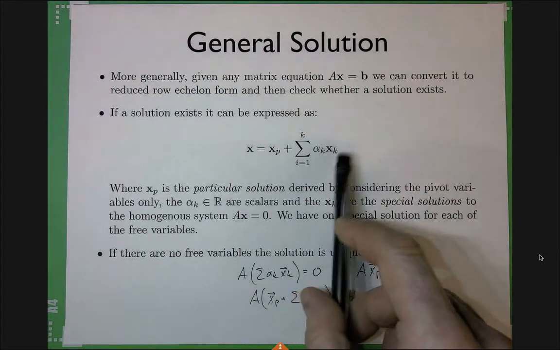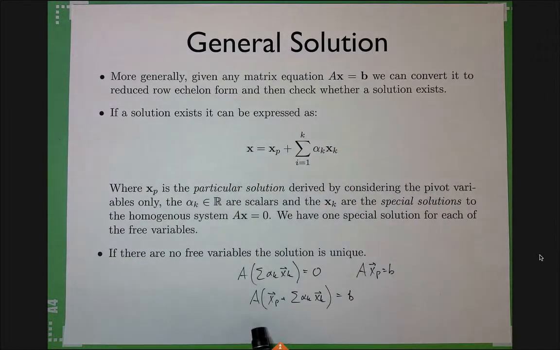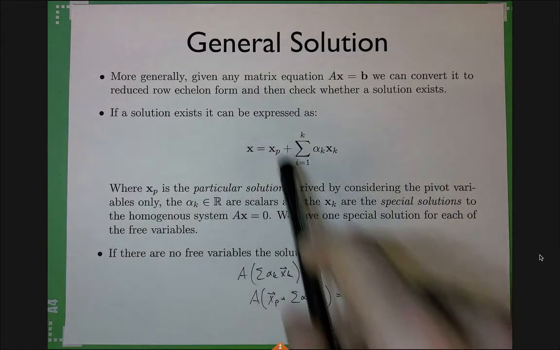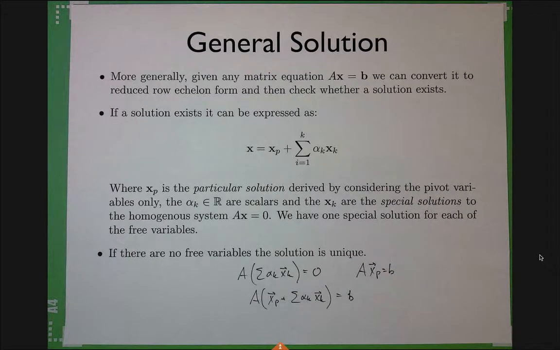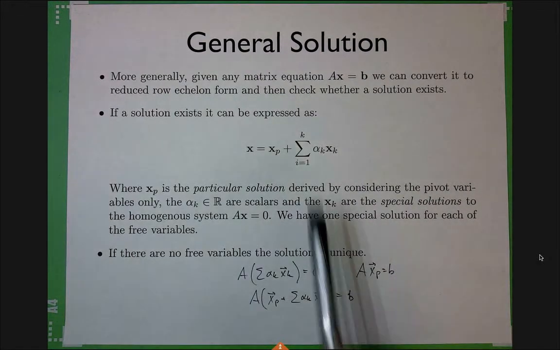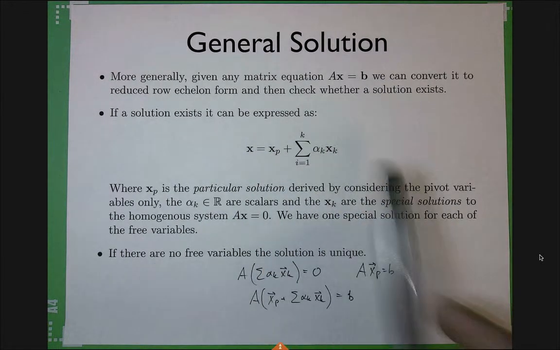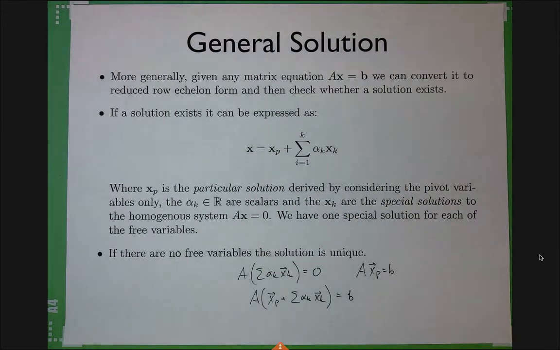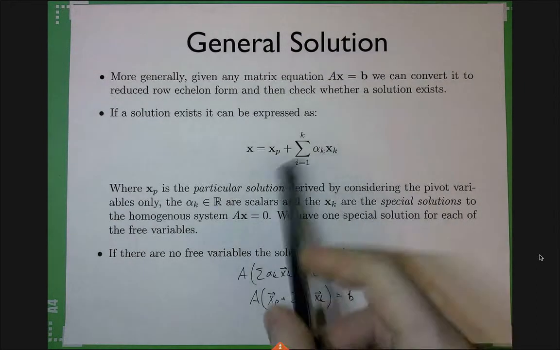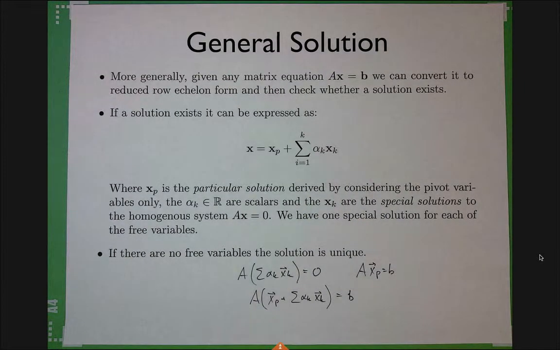So these xk's are the vectors that will multiply with A give me 0, and the xp is the one that gives me b. So I sort of decompose the problem into two sub-problems. First is defining the particular solution, and the second is determining what sort of leeway there is, what variability is there, how all the other solutions look like.